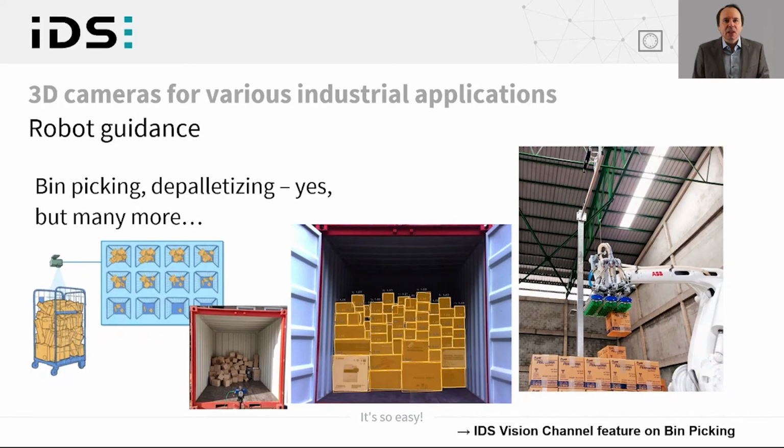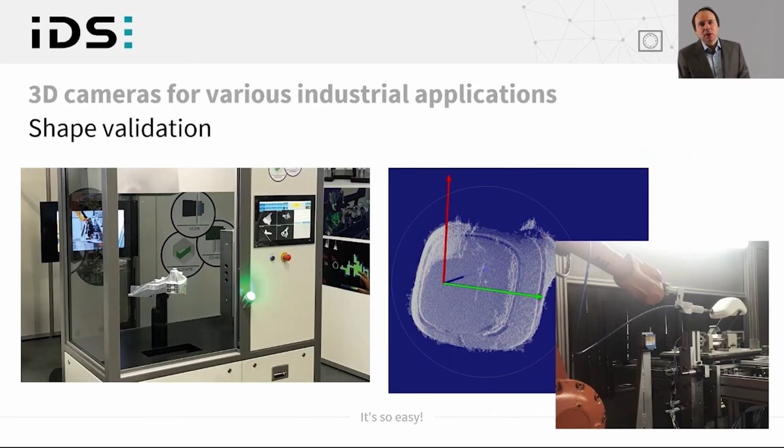Let me instead cover a few other industrial setups like quality inspection, or in this case, shape validation. Here, our sensor cameras, so that is the active stereo approach, are used to basically trace the shape of an object. And in this setup on the left-hand side, 3D sensors are used to get a surround view of this part, and shape deviations are detected by comparing with its CAD model.